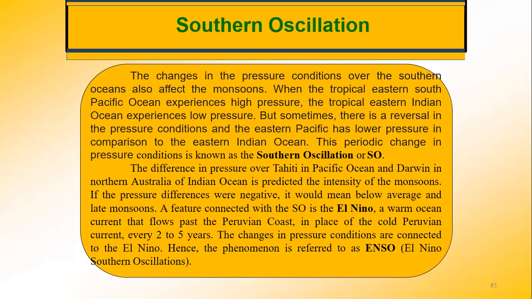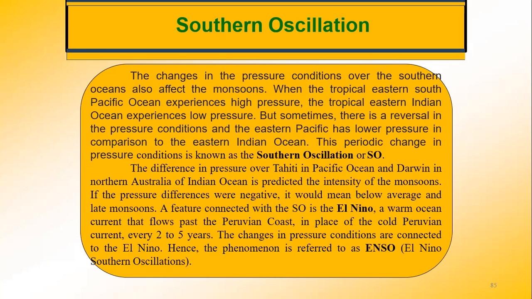If the pressure difference is negative, it means we get below average or late monsoons. And if it is positive, that means we get good monsoons.